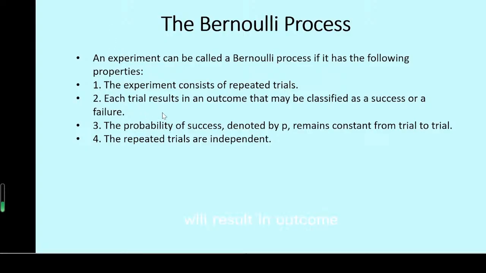Each trial results in an outcome that may be classified as a success or a failure. So in the Bernoulli process the result is binary, only yes or no. And the probability of success in each trial, denoted by p, remains constant.